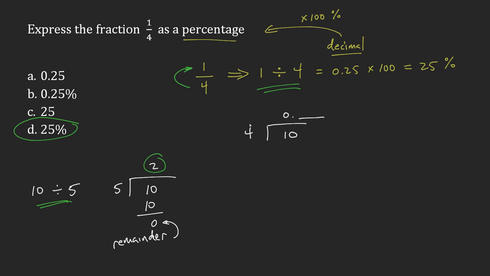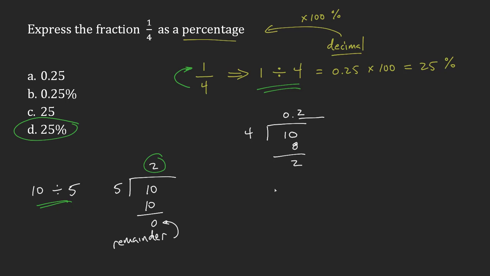So I now have 4 going into 10. Well, 4 goes in 2 times into 10, so this is now 0.2. Take the 2, multiply by 4. What is 2 times 4? Well, it's 8. That gives me a remainder of 2.